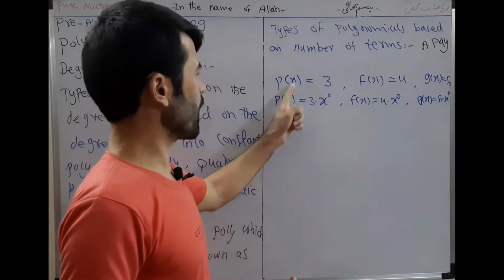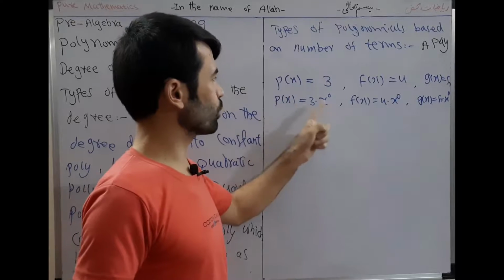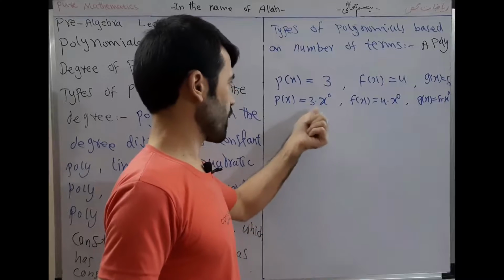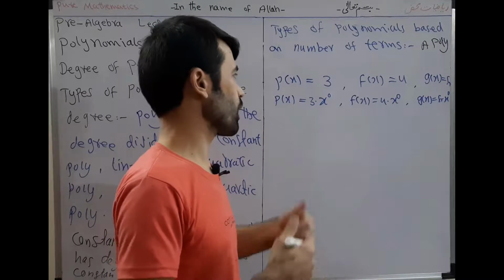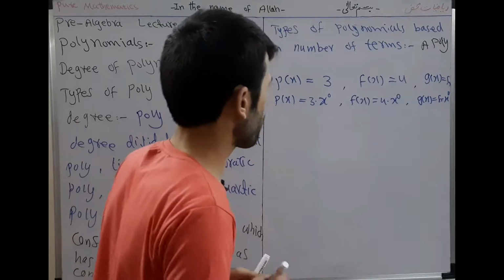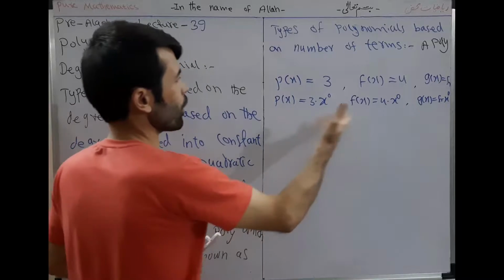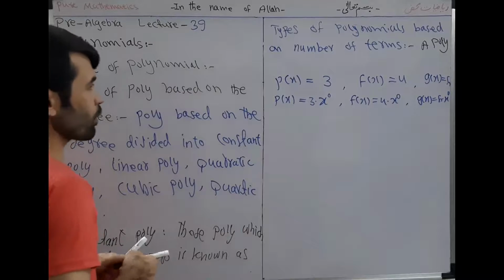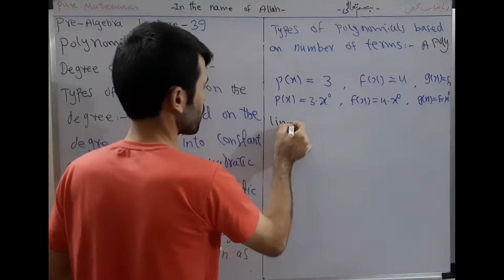If here is x, we can write x. If they are y, we can write also y. No problem. They are constant polynomial.